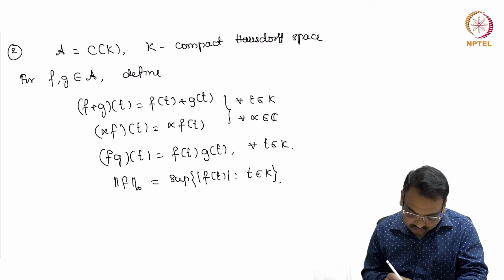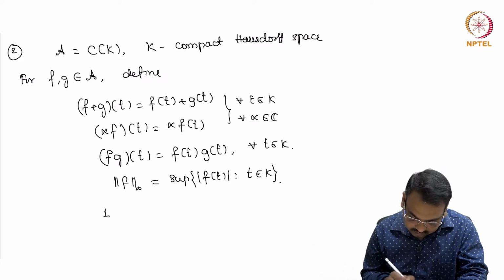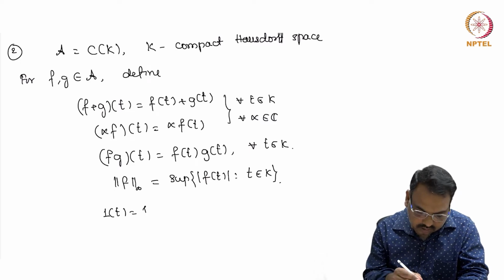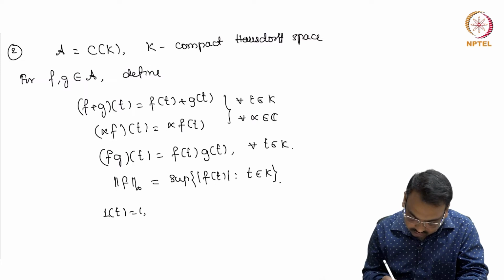The constant function 1(t) = 1 for all t in K is the unit element.